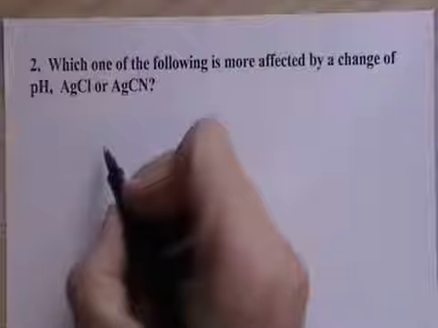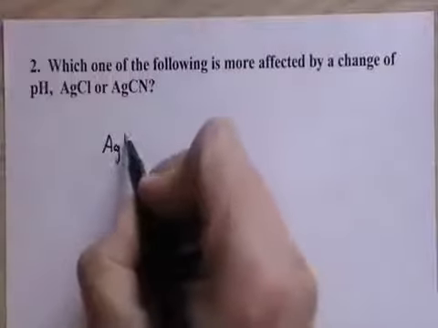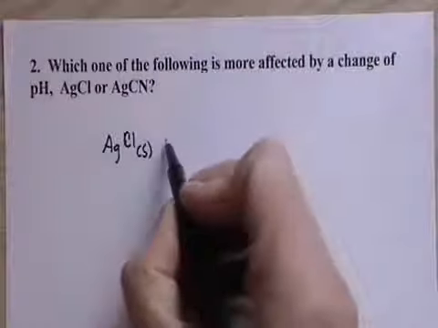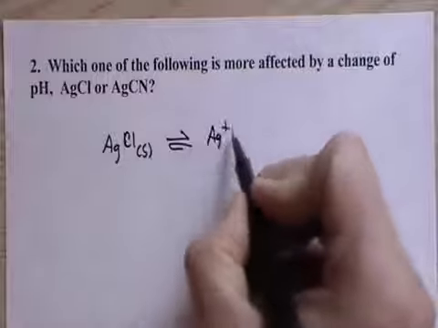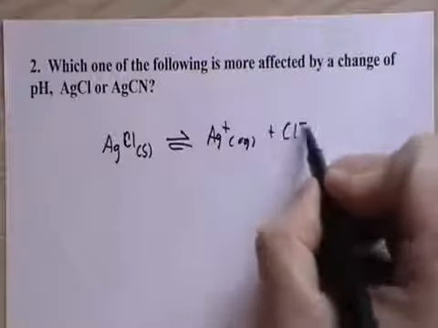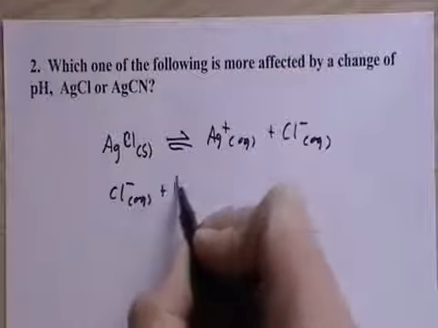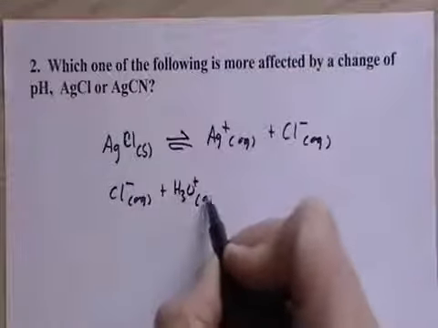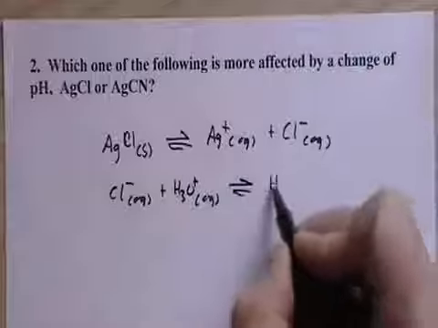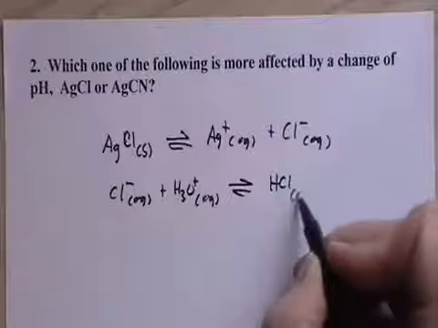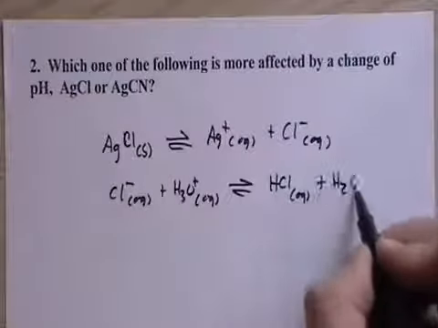Now, how about this one? No carbonates present, but we do the same thing. This AgCl goes to silver ion and chloride ion. The chloride ion looks like it would react with the H3O+. It produces HCl. Whoa, that's a strong acid. We'll finish it up, but it's not going to go forward.